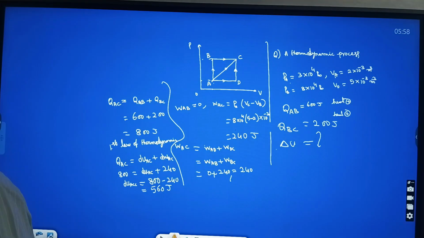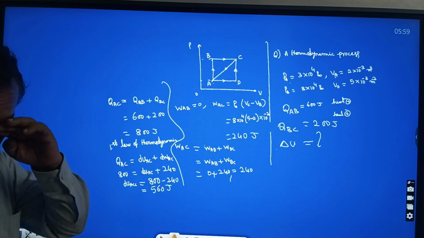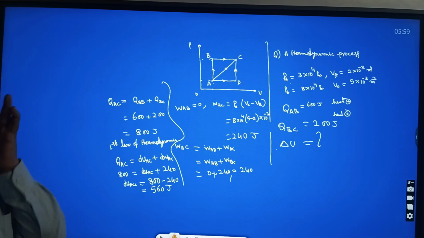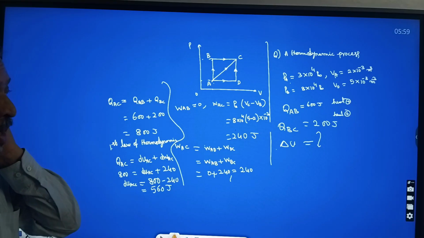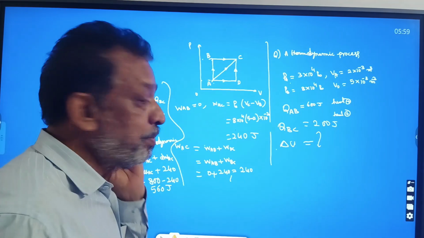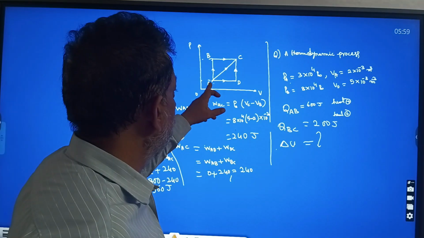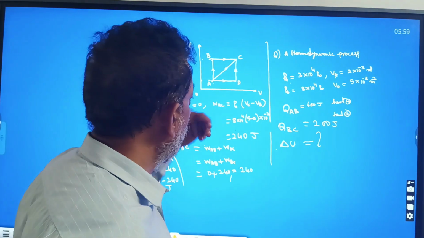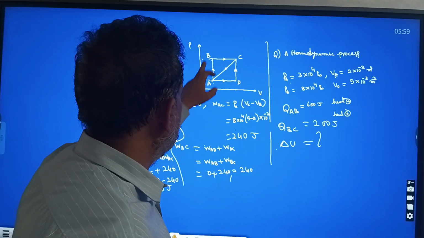Now the isothermal process. The PV value is different, PA and 3 into 10. The work done in BC I want to find.